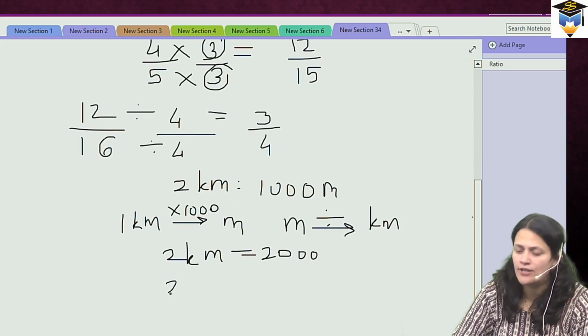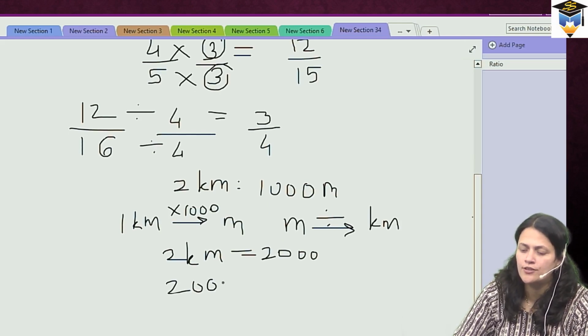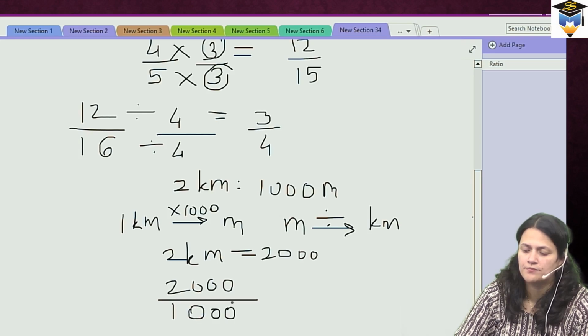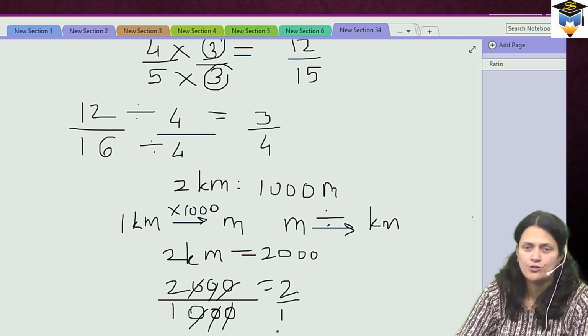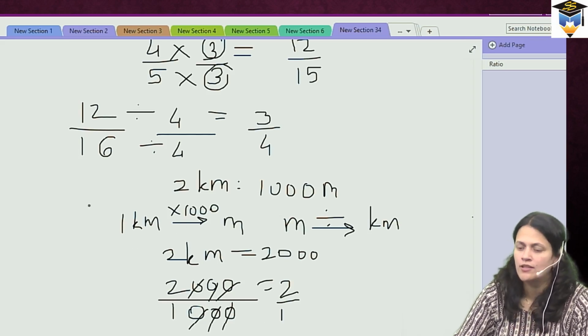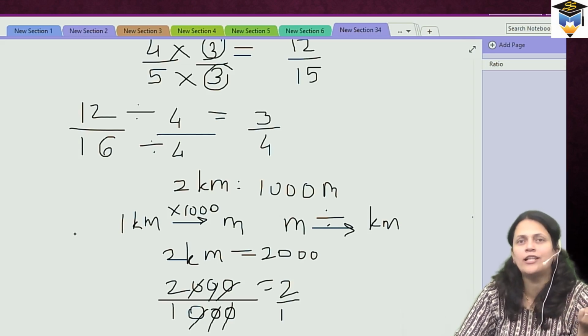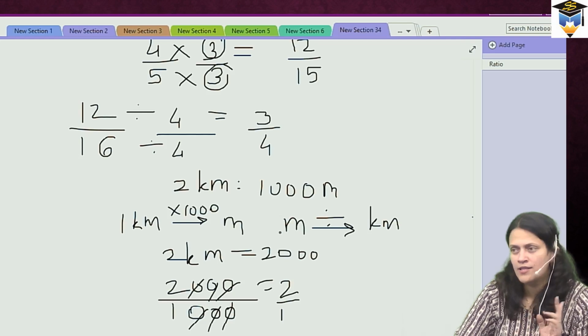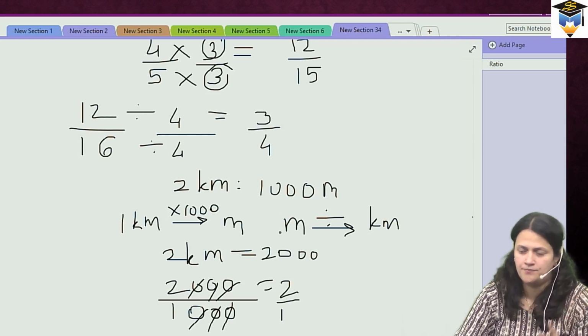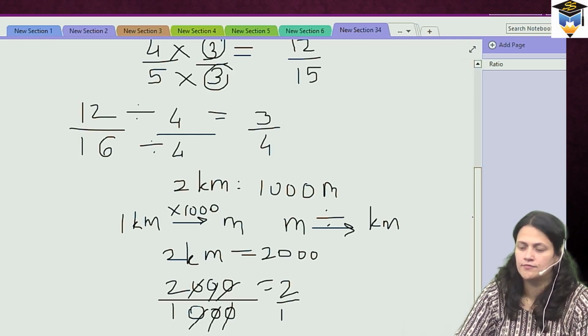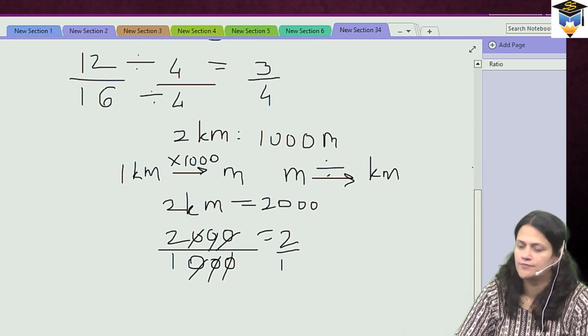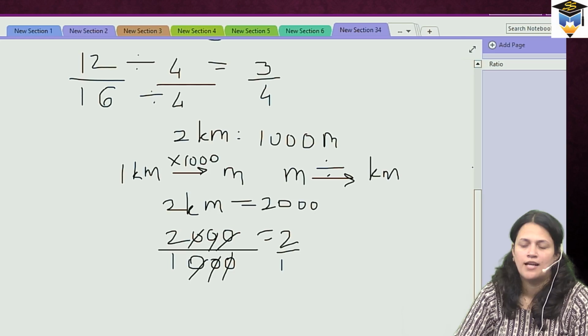So this answer we are going to get as 2000 upon 1000. So what is the ratio in the lowest form? 2:1. Have you understood this? So just write this down. This example along with whenever you have to convert a greater quantity to smaller quantity, multiply, smaller to greater, divide. I hope this is clear.